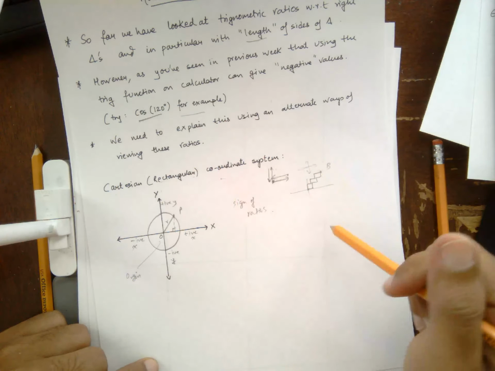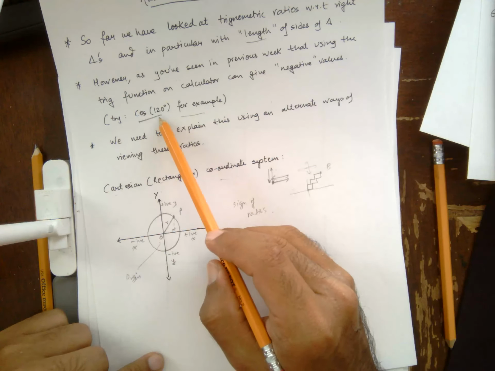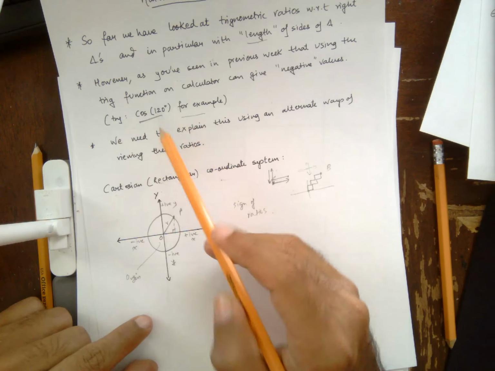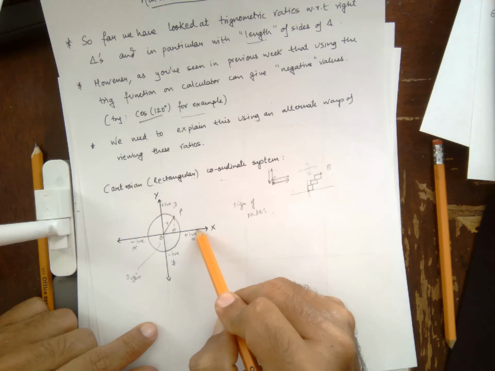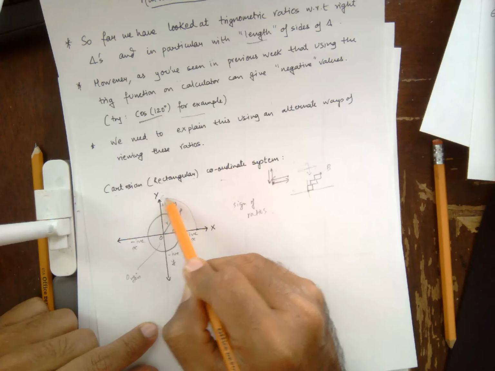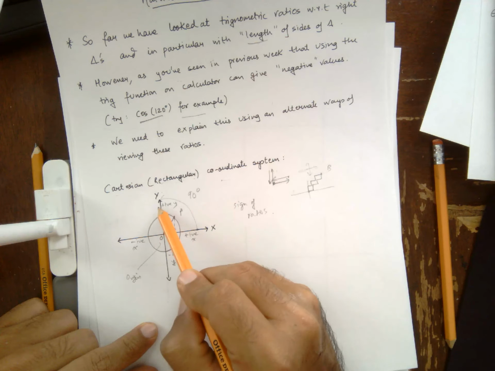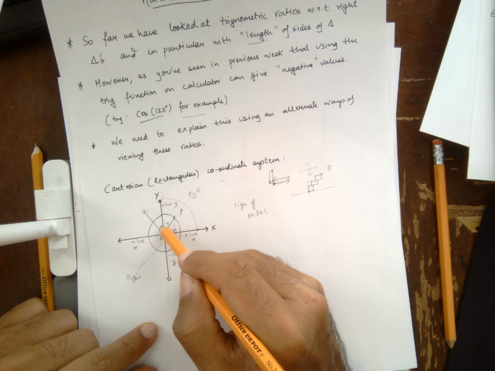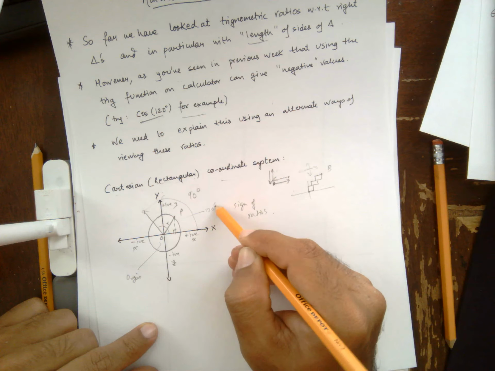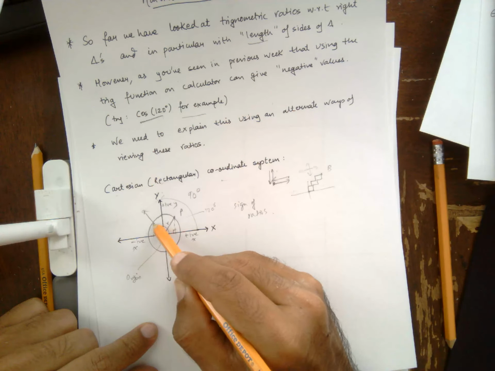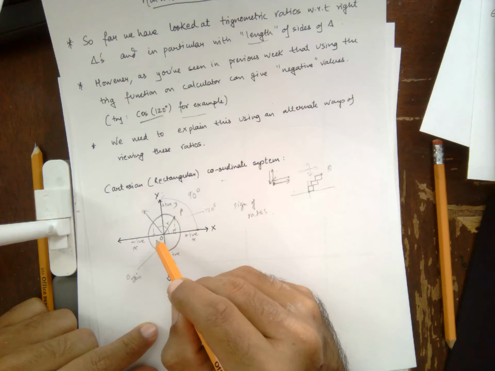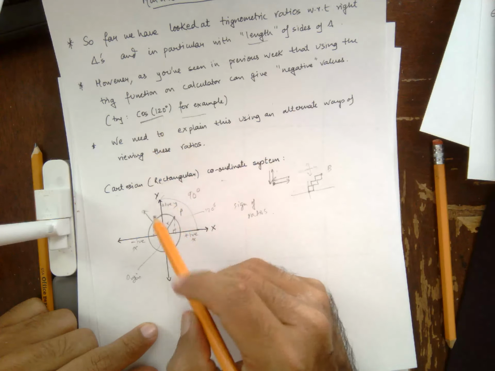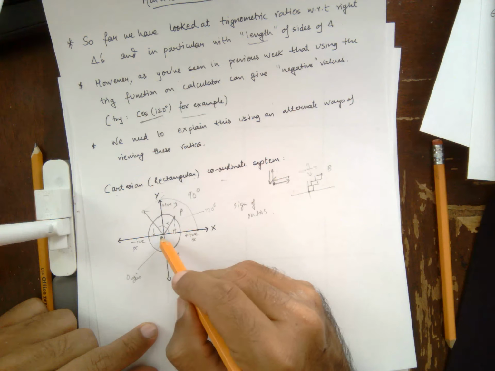I'm going to do that on the next page, but let's see what was happening here. For 120 degrees, you always start here, right? So you go from here to here, that's 90 degrees. So 120 puts you somewhere here. Right, that's 120 degrees. Now if you look at this right triangle here, cosine is adjacent over hypotenuse.